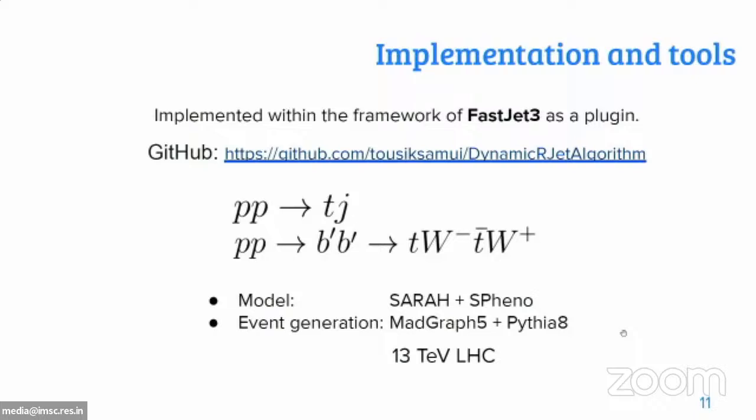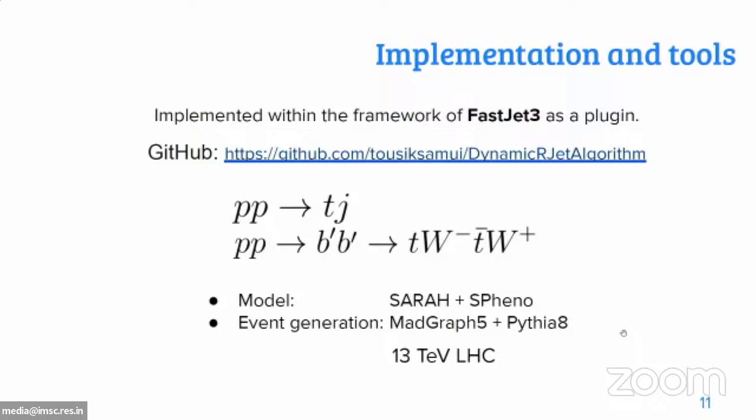So this has been implemented as a plugin to the already existing framework by which we cluster the jet, FastJet, the third version of it, and the implementation is available on GitHub. We used it in two different types of events.